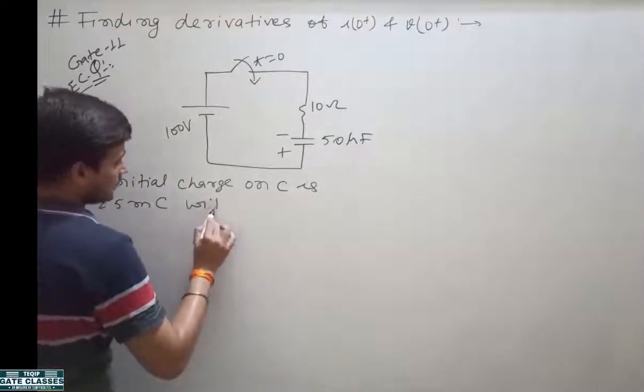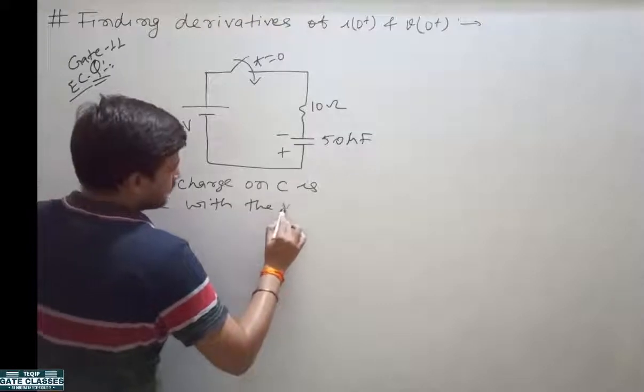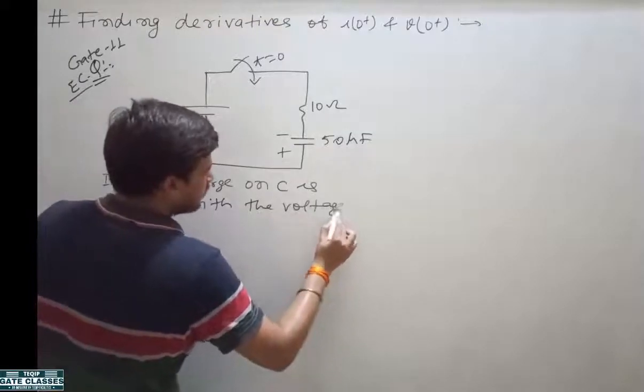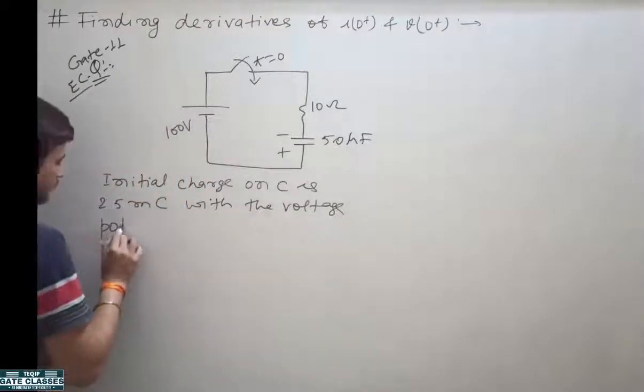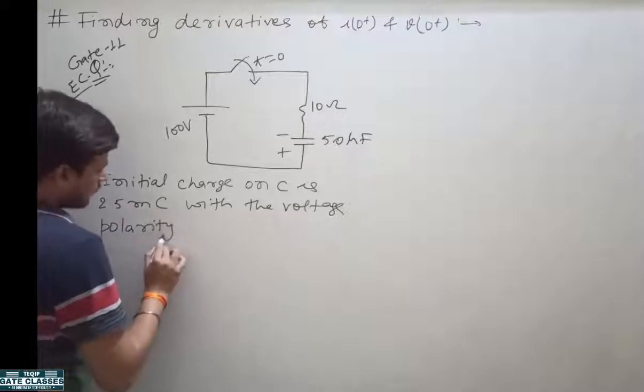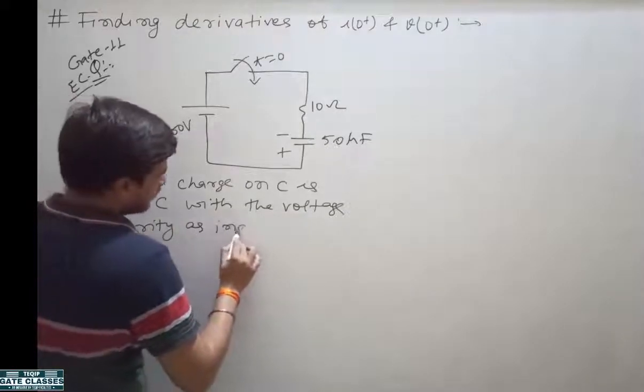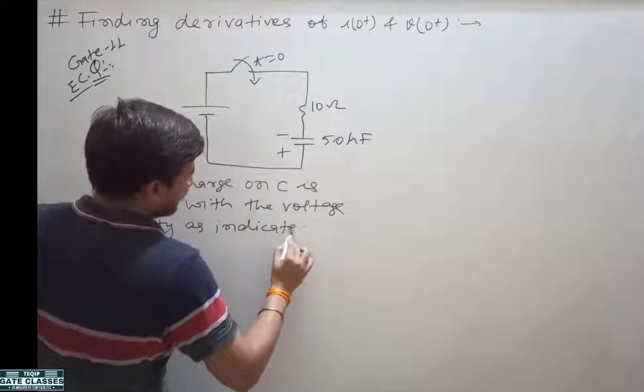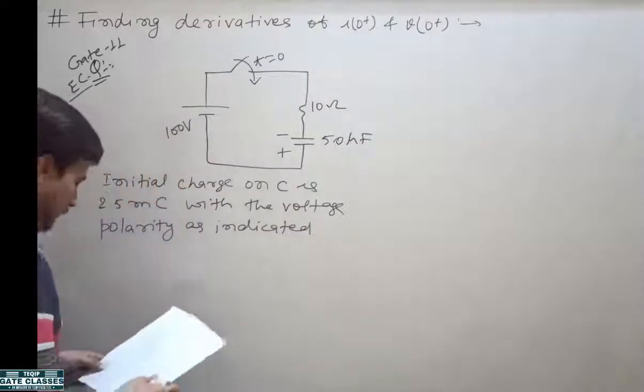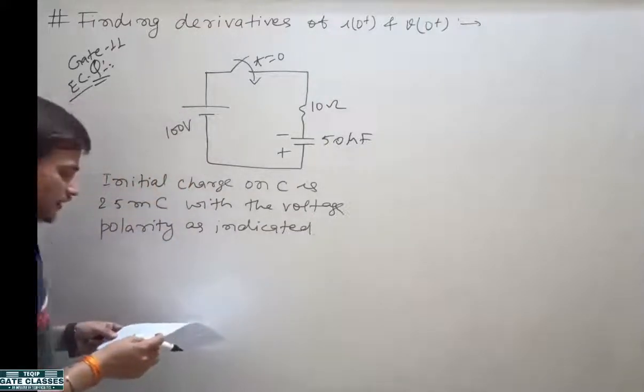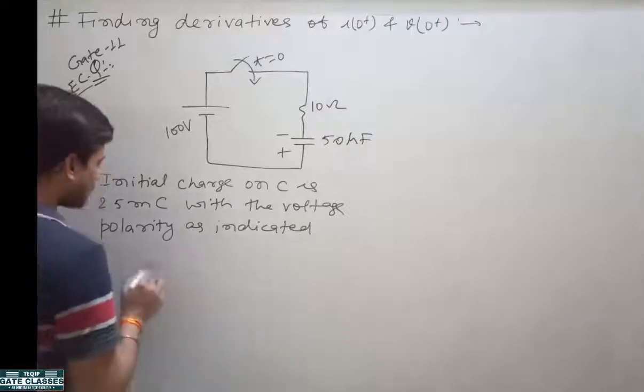Now the switch is closed at t equal to 0. You have to write the expression for i(t).